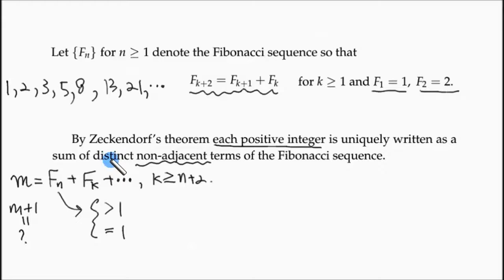So it's always written as distinct terms of a Fibonacci sequence. Maybe adjacent terms occur there, but again, you can rearrange it using this relation. The interesting part of this theorem is that it's uniquely written. And that concludes the statement of the Zeckendorf theorem.